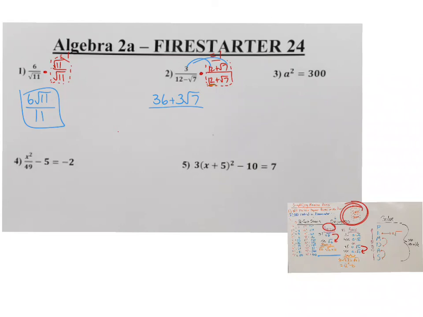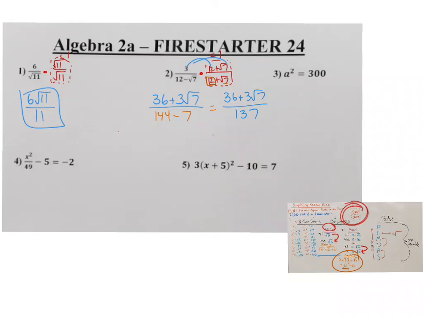So I take 12, I'm using this shortcut right here: A squared minus B. So I take 12 and I square it, I get 144. I just take 7, I subtract it, minus 7. So my best answer for this is 36 plus 3 radical 7 all over 137.